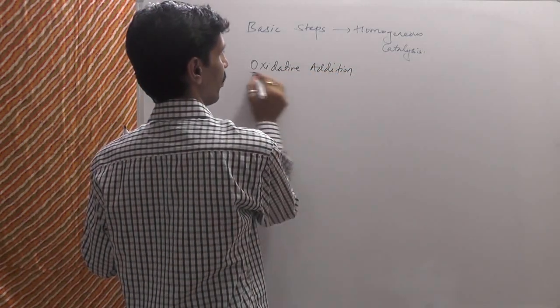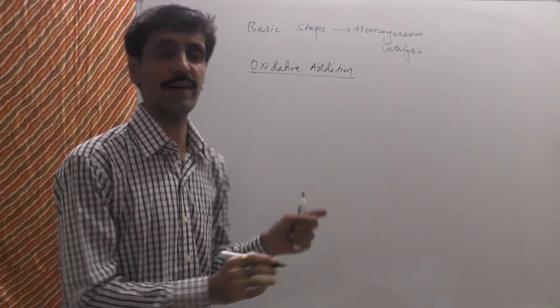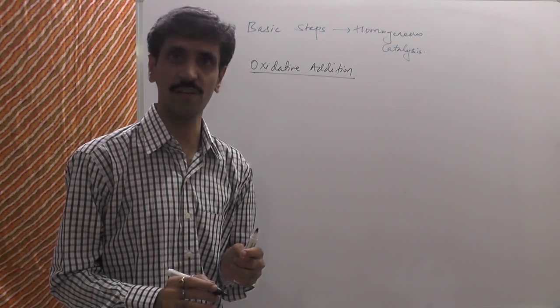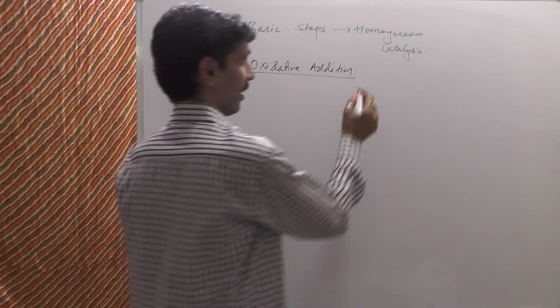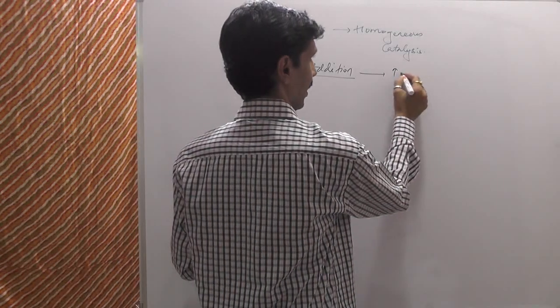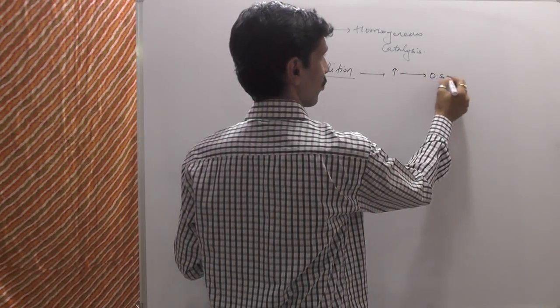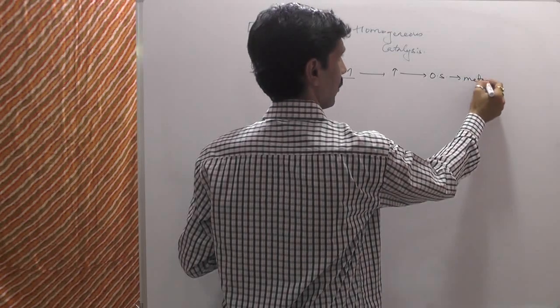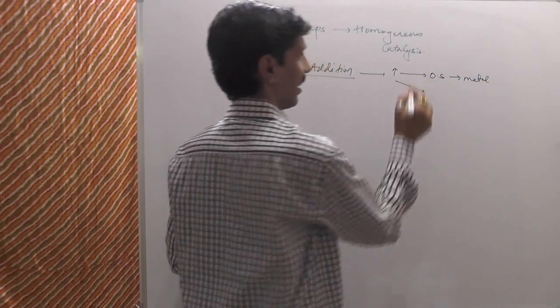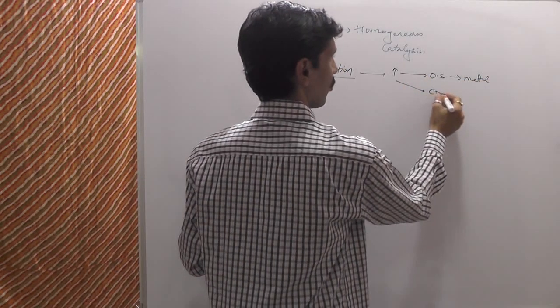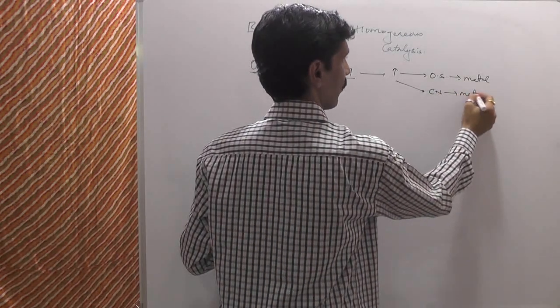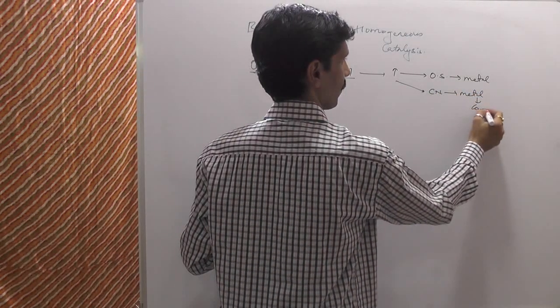Now this is one of the most important steps, my dear friends, as far as homogeneous catalysis is concerned, and it results in an increase in not only the oxidation state of the metal, but also an increase in the coordination number of the metal which is present in a complex.